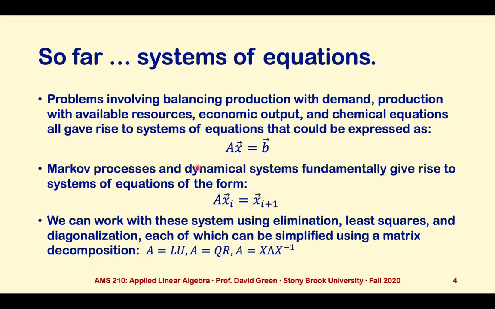And we can work with these kinds of systems using elimination, least squares, diagonalization, depending on the problem type. And we found matrix decompositions: A equals LU, A equals QR, A equals X lambda X inverse, LU, QR, and eigenvalue decompositions that could simplify solving these kinds of systems, especially for repeated applications.